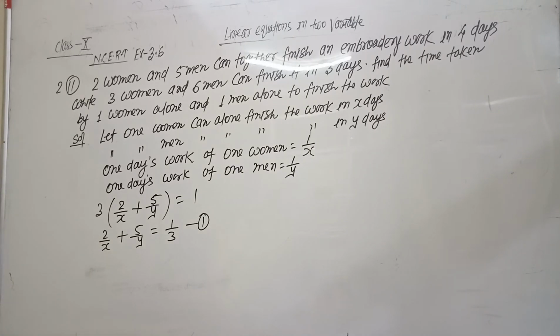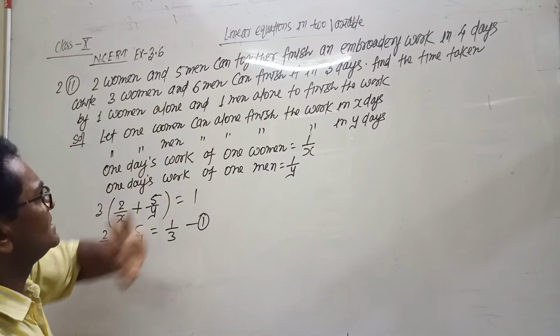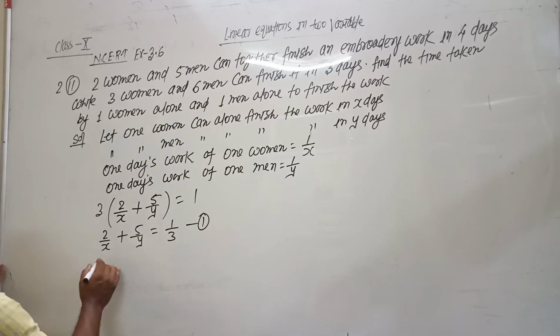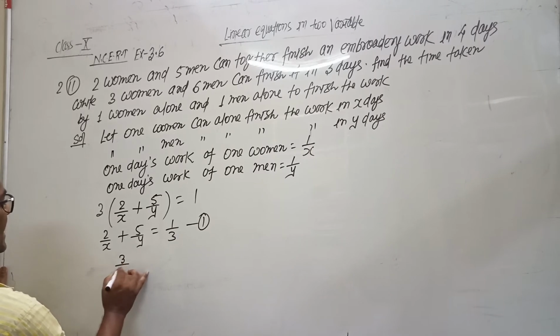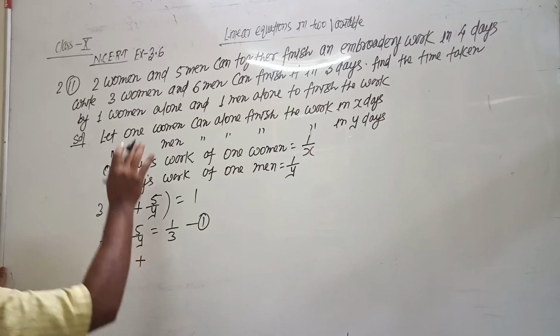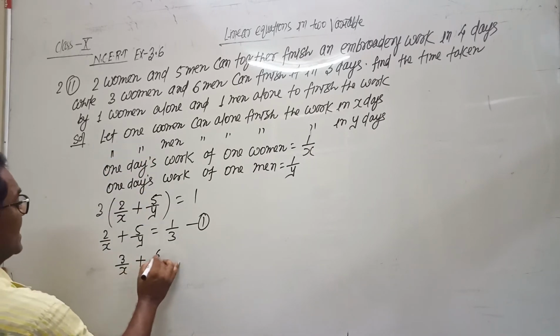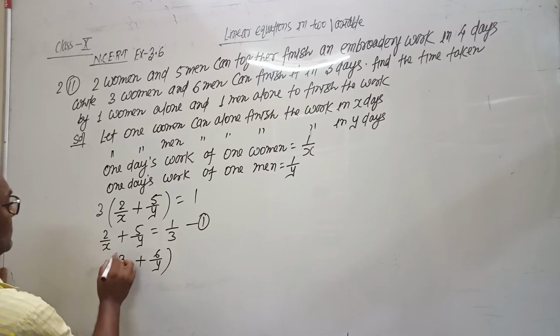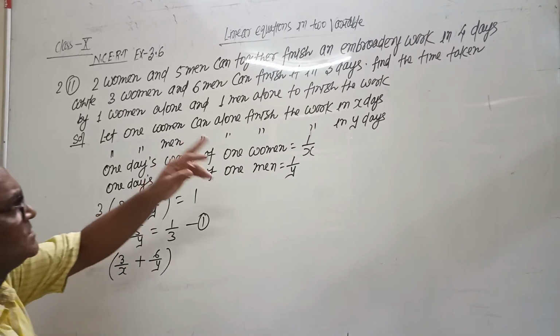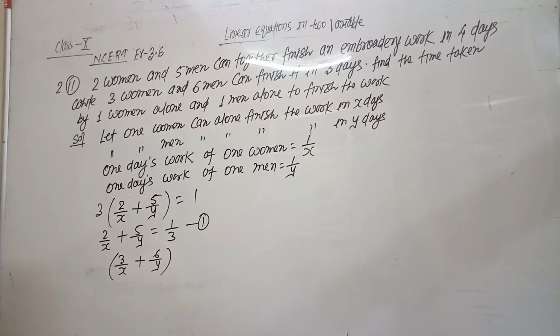Now the second part of the statement. 3 women means 3 by x, and 6 men means 6 by y, and both of them finish it in 3 days.